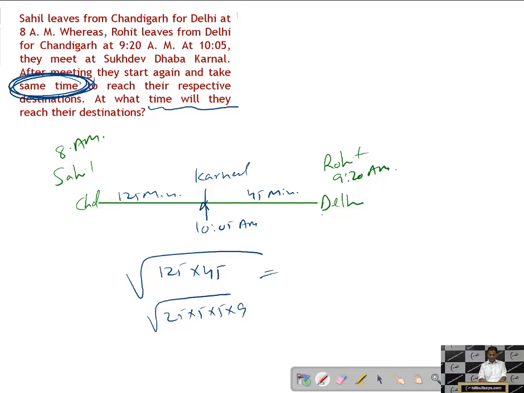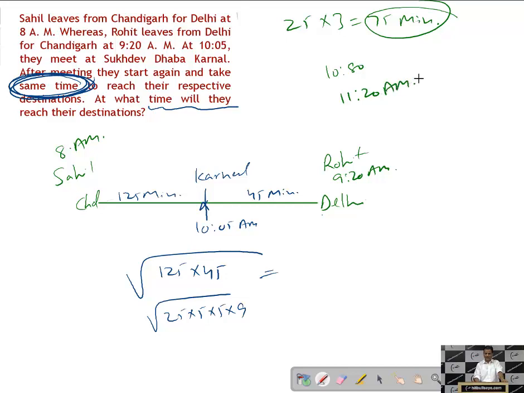So the root will be 25 into 3, which is 75 minutes, the time after meeting at 10:05. So if you add 75 minutes to 10:05, it will be 10:80, which means 11:20. At 11:20 a.m. both of them will reach their respective destination.